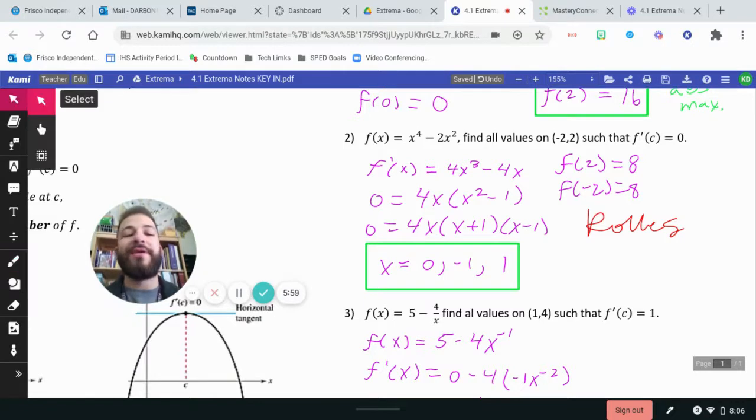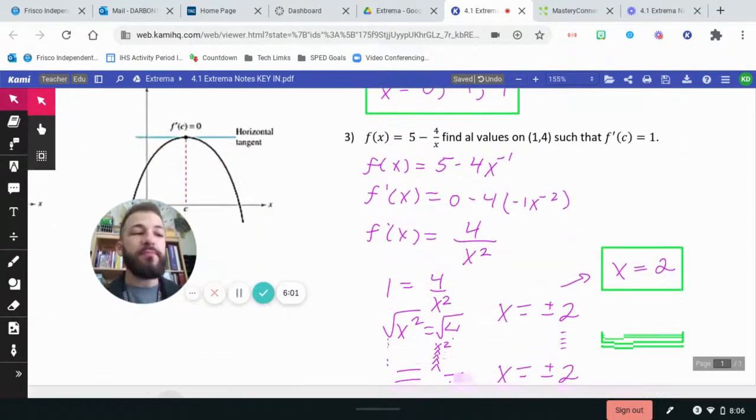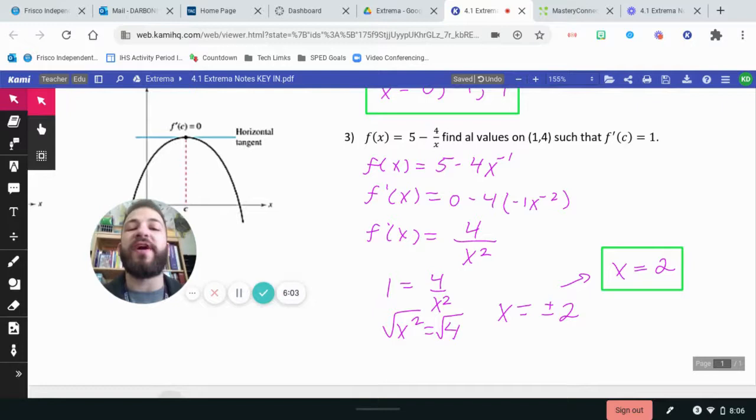So that's pretty cool. And then last but not least, f of x is equal to 5 minus 4 over x. We want to find all the values such that f prime of c is equal to 1.